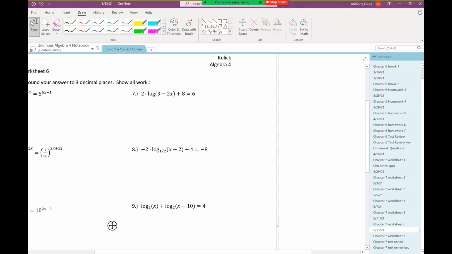Sure. So we'd start by adding 4 to both sides. And then dividing both sides by -2. And then we'll use the exponent base of 1/2 to cancel the logarithm.